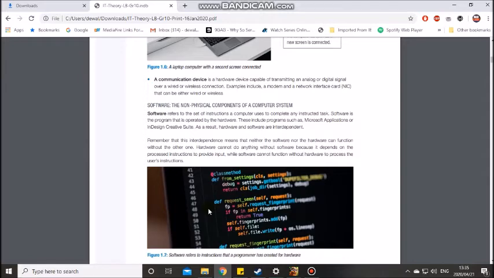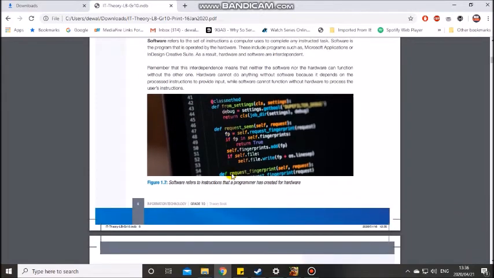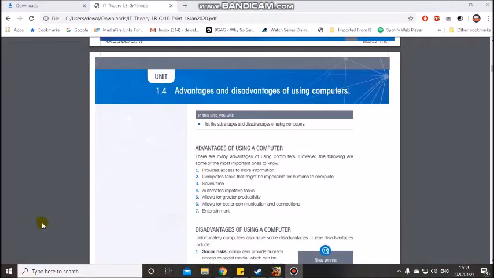Software is the program that is operated by the hardware, and these include programs such as Microsoft applications, etc. Then they also say hardware and software are interdependent, which means without software the hardware can't be manipulated, and without hardware software can't be manipulated. So you need basically both.